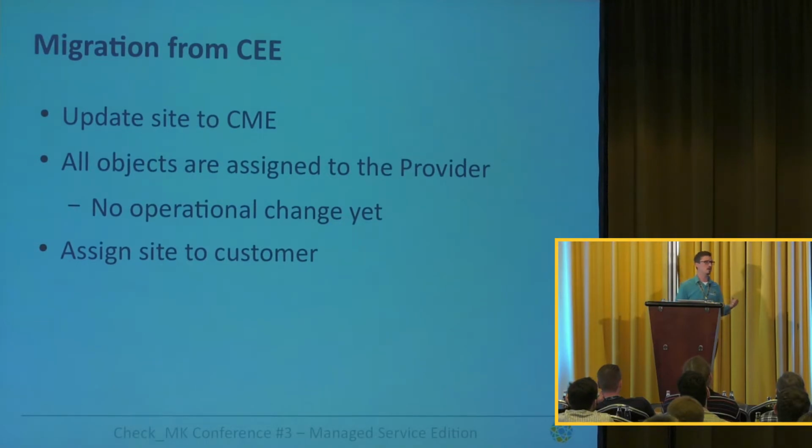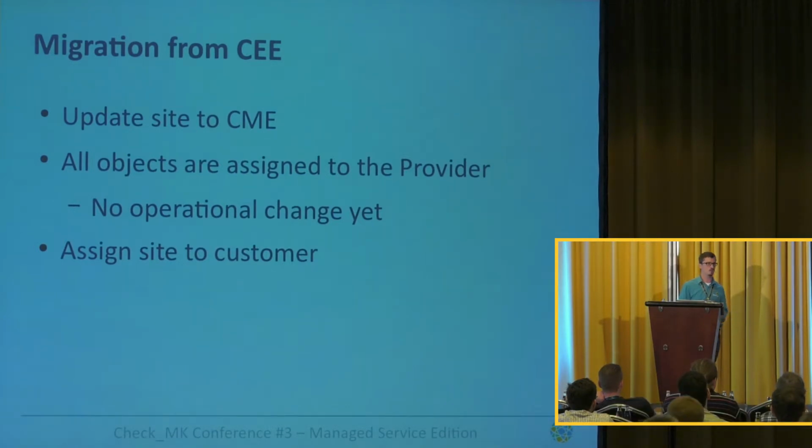As soon as I start assigning customers to sites, or sites to customers, and I edit a site and add a customer, and of course the customer has to be created in the environment, then the operative changes begin.